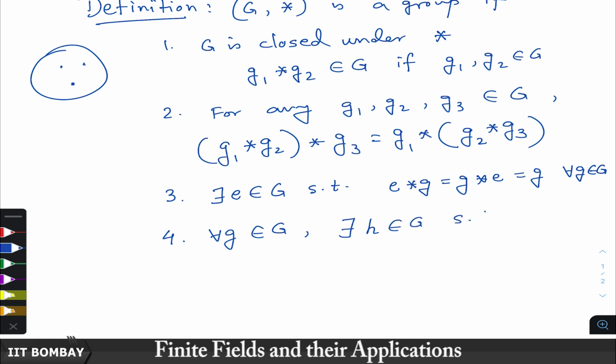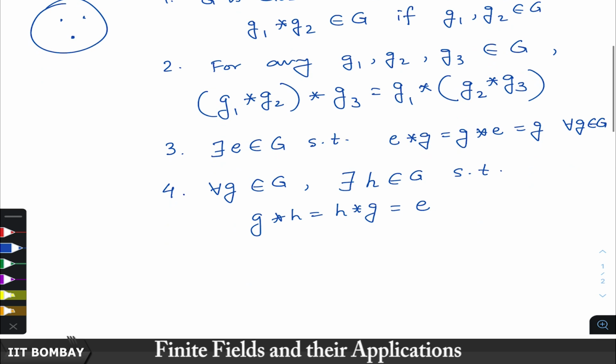Currently we will say there exists an H in G such that G star H is the same as H star G, which is the same as E. Often this H is denoted as G inverse, which is just a notation.